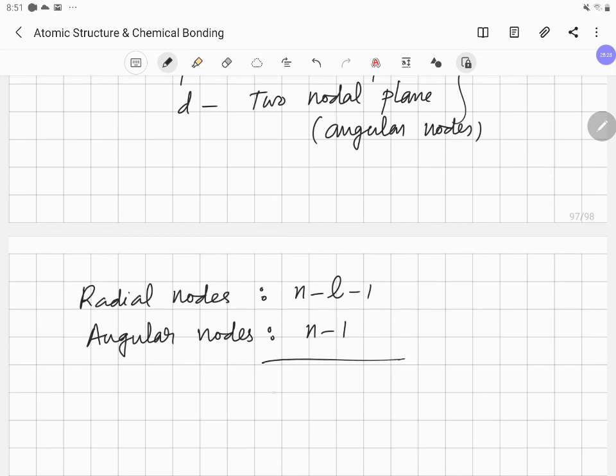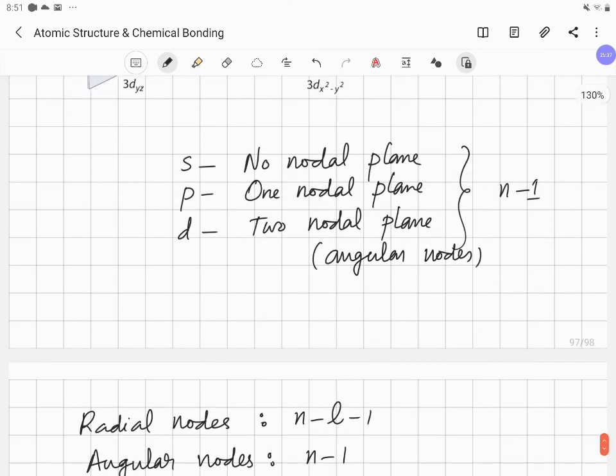So the total number of nodes is it n minus 1? No, sorry, I'm sorry. It is not n minus 1. The number of angular nodes is actually L. Say for example, for s orbital, L is equal to 0.